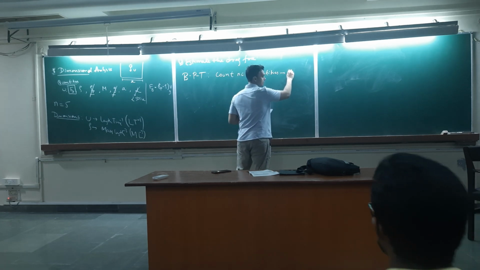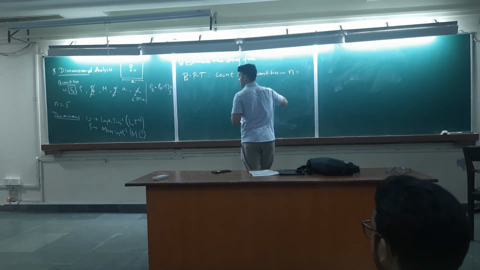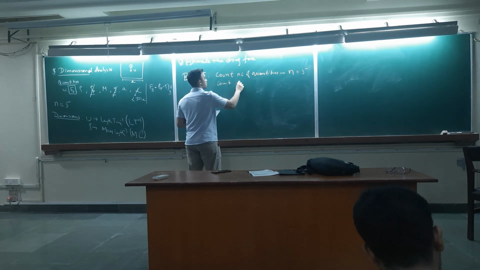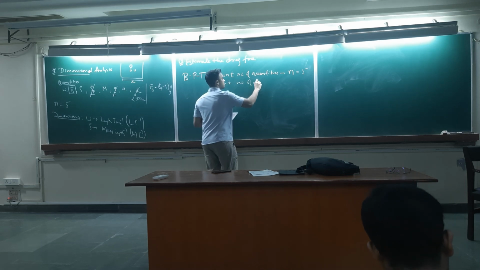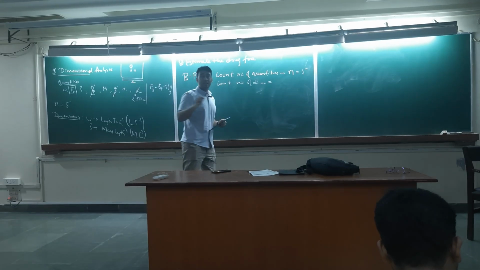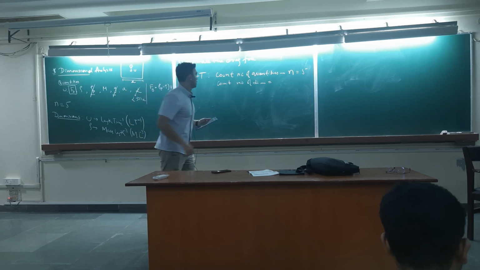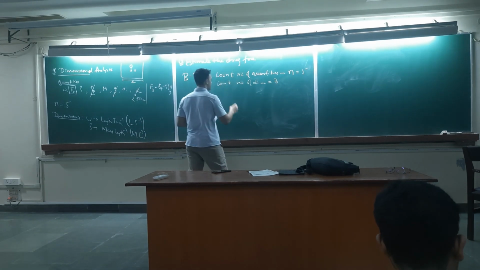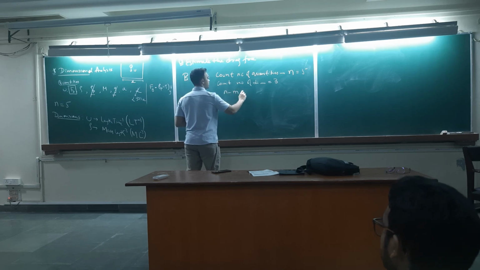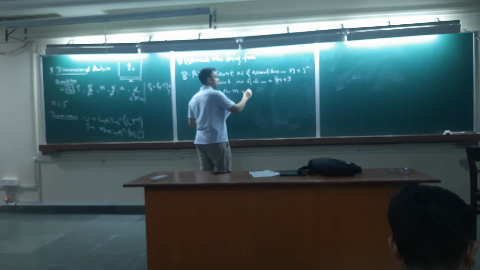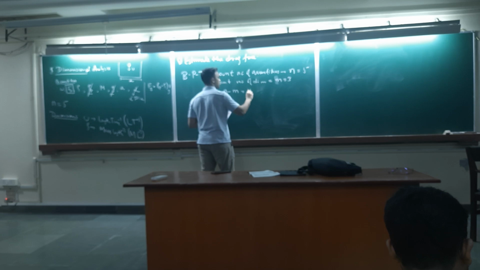How many quantities are there? N is equal to, in this case, 5. Count the number of dimensions, the M, L, T, theta dimensions. How many are there? 3, right? Then n minus m is equal to whatever number it is, and we call them pi i.